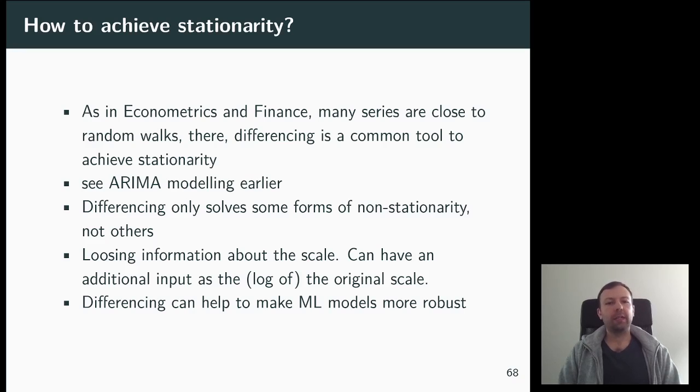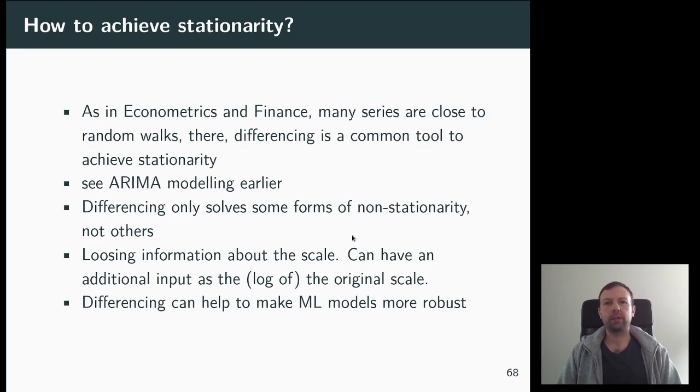If we do differencing, we do lose information about the scale. So that's a drawback of differencing. However, you can just have an additional input, for example, you take the log of the original scale as an additional input, which is kind of a workaround for losing this information. And differencing can also help to make machine learning models more robust.